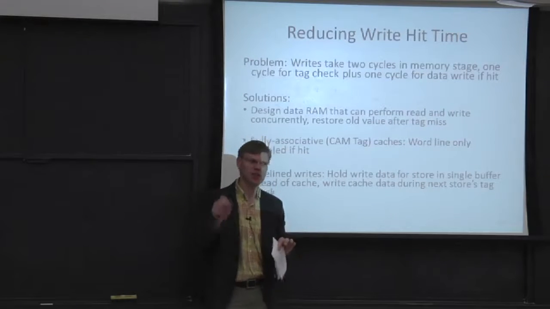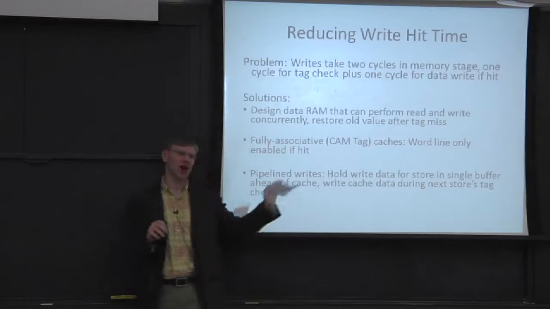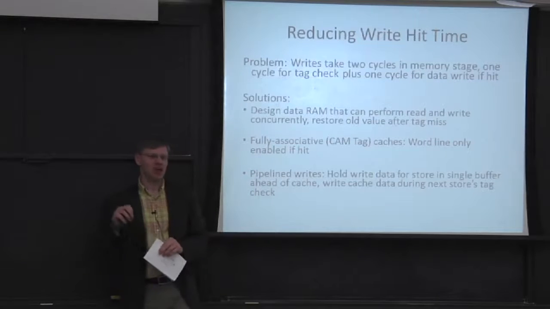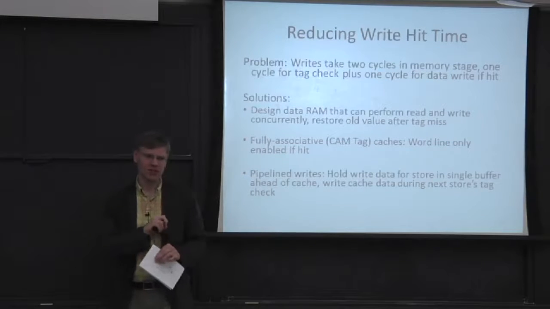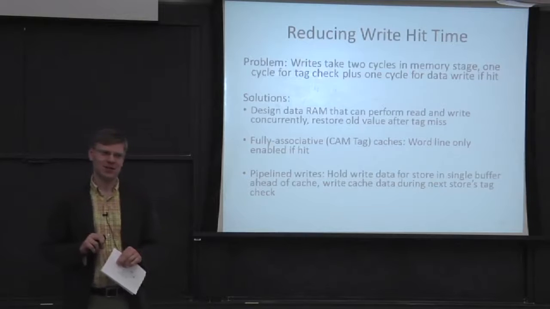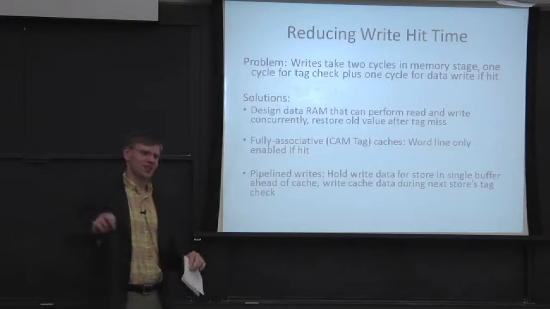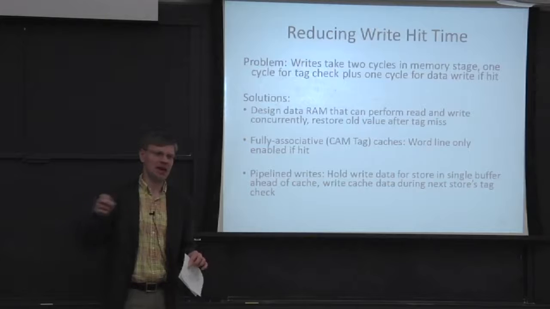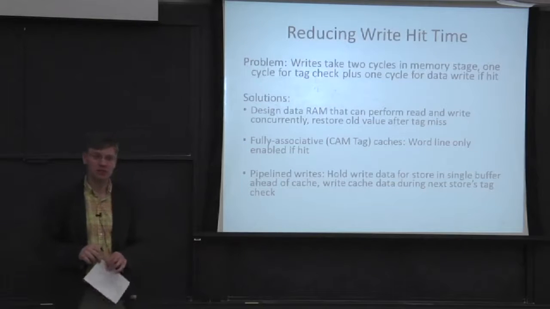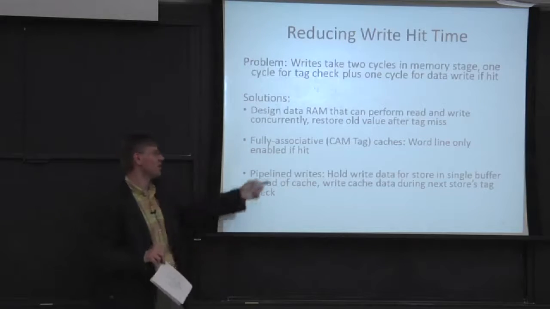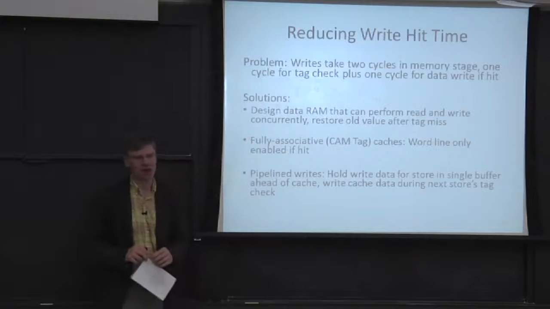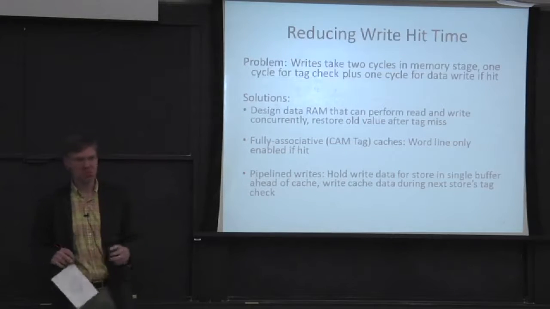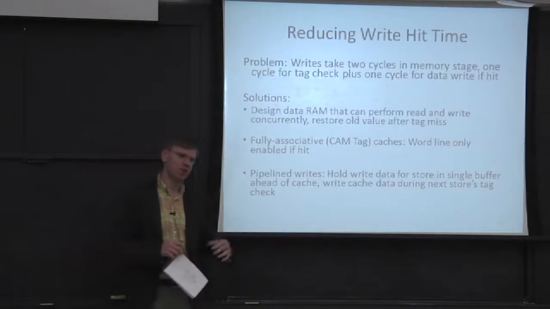But at the same time, you read the old data that was there, and you save it off. And if you took a tag miss for the write, you go back and actually fix it up by filling that back in. That is an option. People have built such things. So you just restore the old value on a tag miss. Works perfectly fine. You need a side buffer.